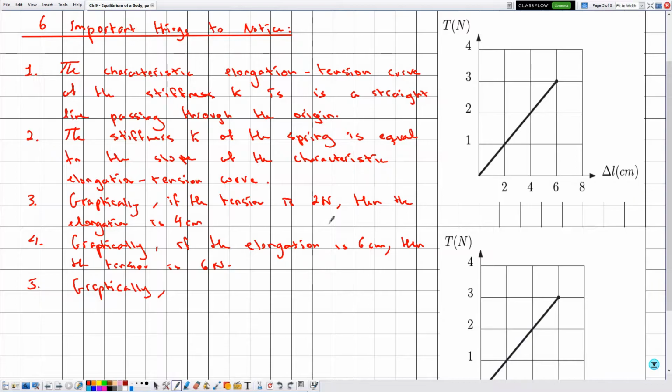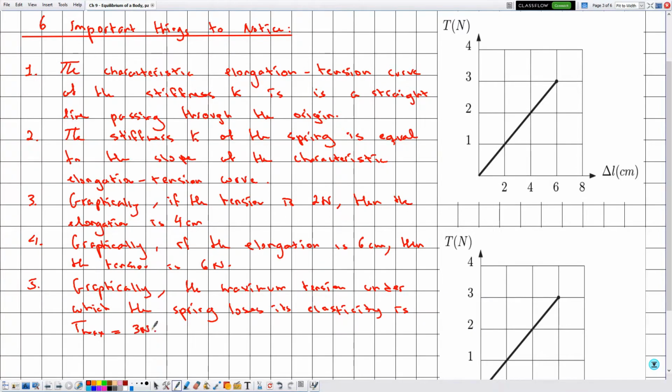Then let me say graphically, the maximum tension under which the spring loses its elasticity is T max equal to 3 newtons.